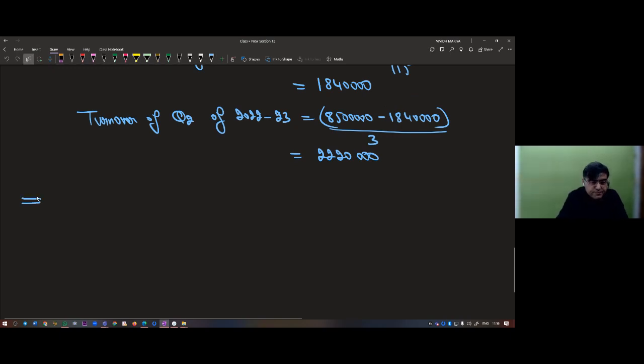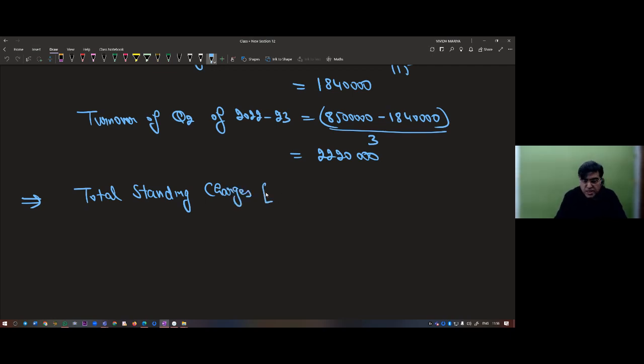Point number 2. Total standing charges. Here we assume advertisement expense as fixed expense.